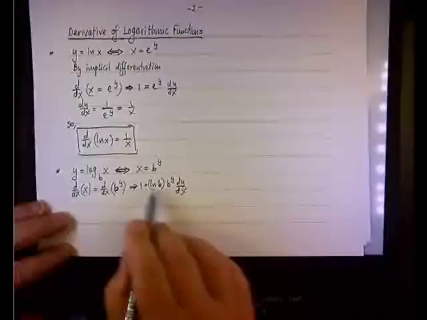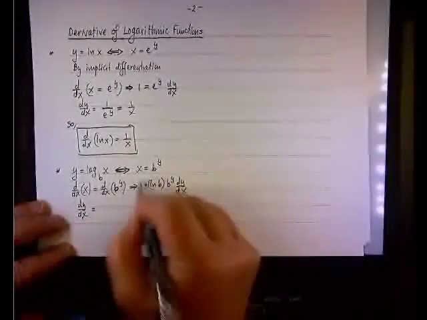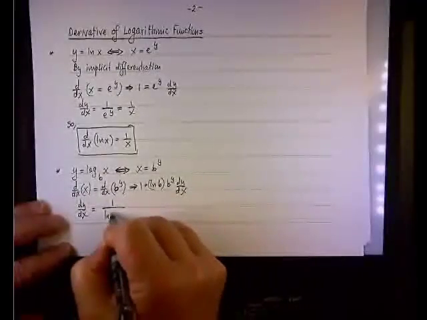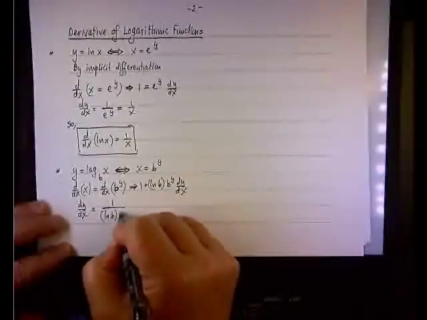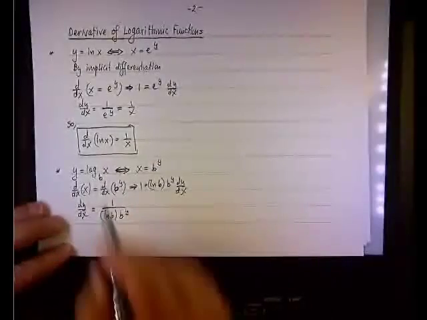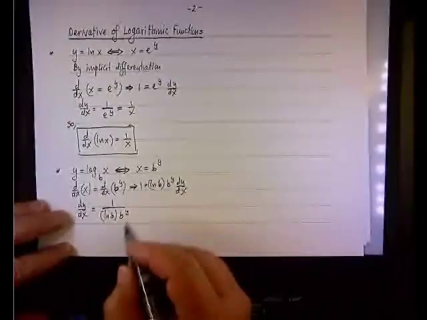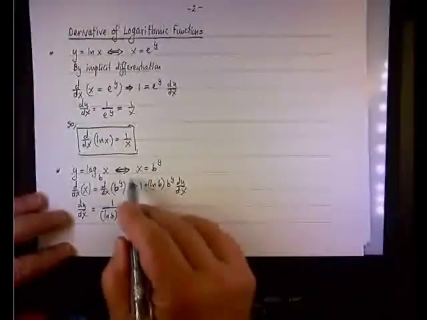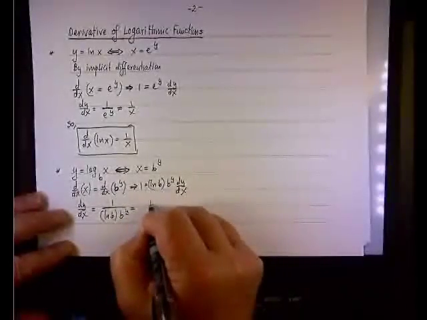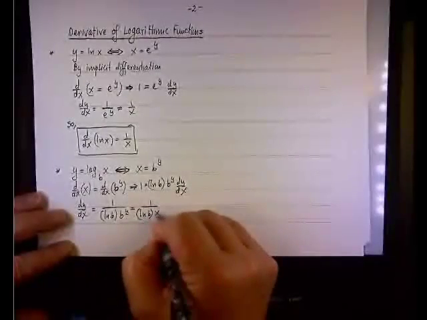So dy dx by itself, as before, will be 1 over the natural log of b times b to the power of y. But what is y? Y is the log base b. So we need to do a little adjustment here. Since b to the power of y is x, we end up having 1 over natural log of b times x.